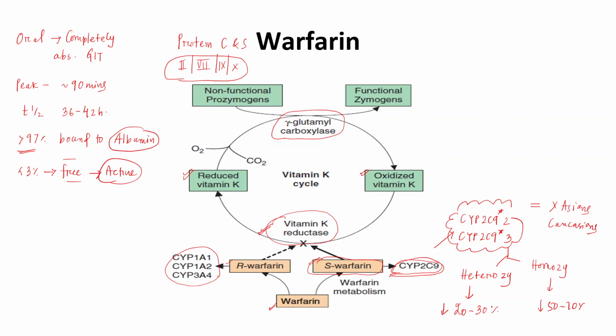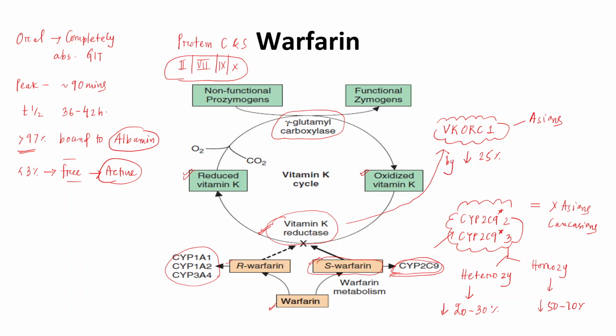Similarly, there is a polymorphism of the vitamin K reductase enzyme, named VKORC. The VKORC1 polymorphism is common in Asians, and if it is present, you may need to reduce the dose of warfarin by 25%.